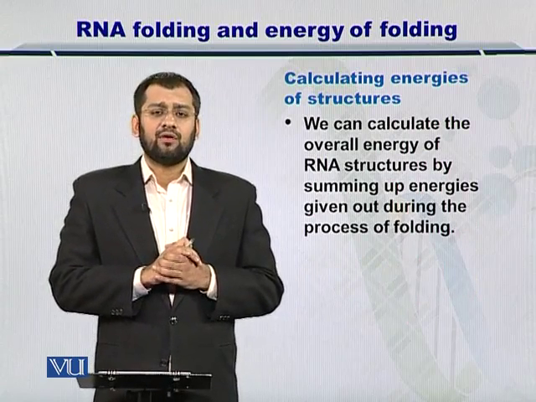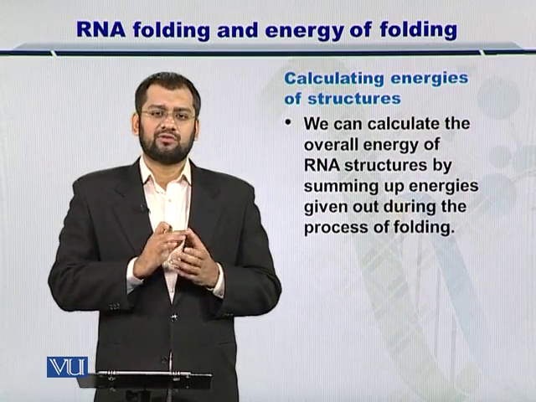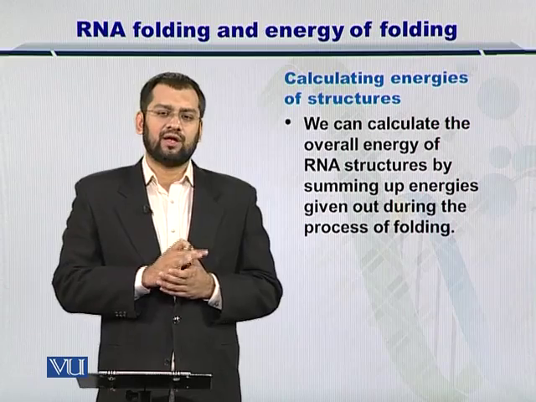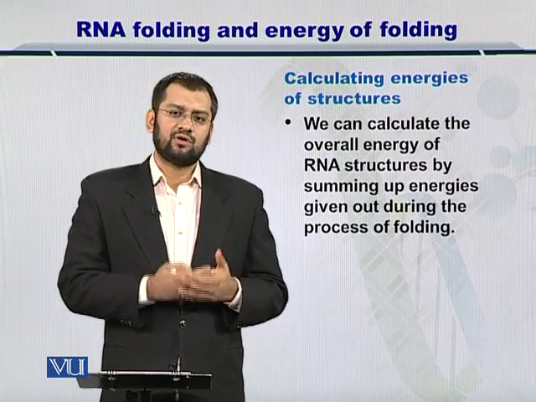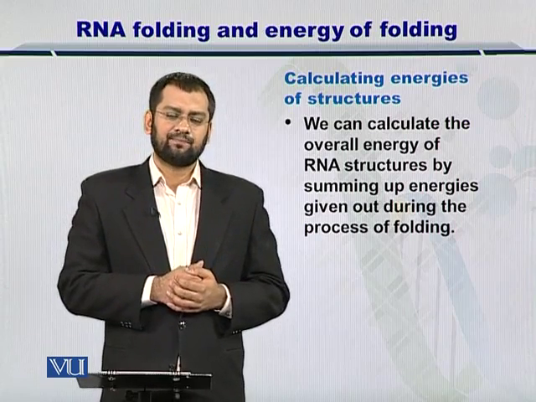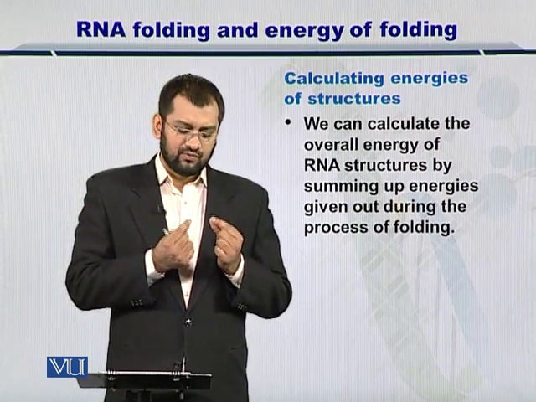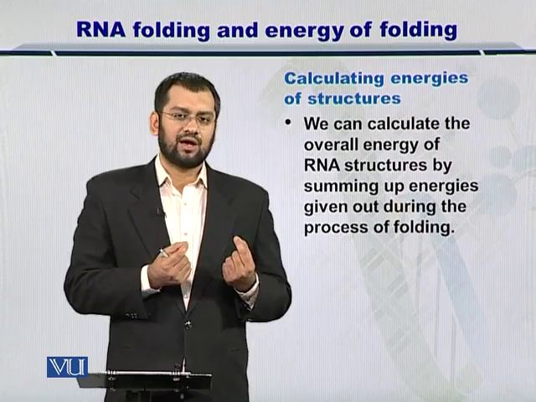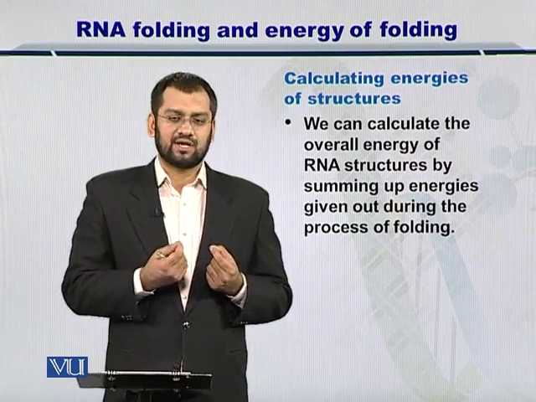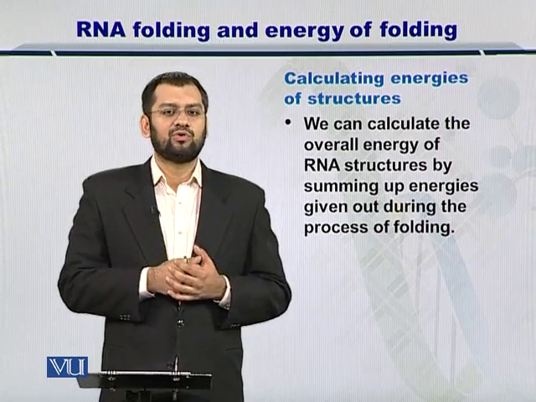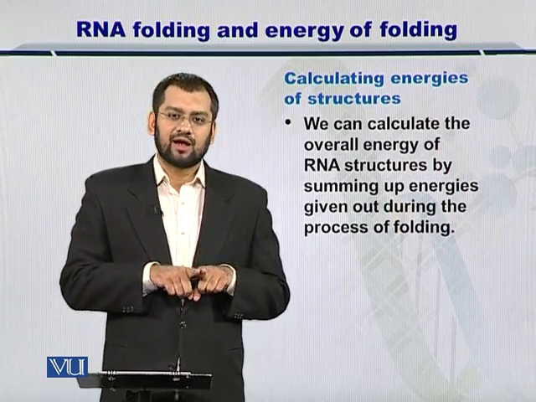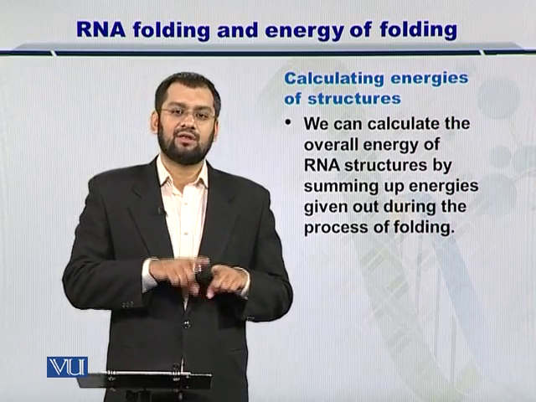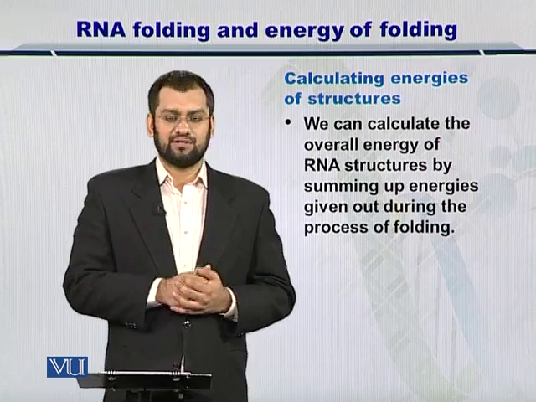However, if you want to see how the structures are formed and how the energy is released or stored within the structure, you have to see which nucleotide, if coupled with which other nucleotide, gives out how much energy, right? So you may want to couple those complementary nucleotides that give out the most energy.